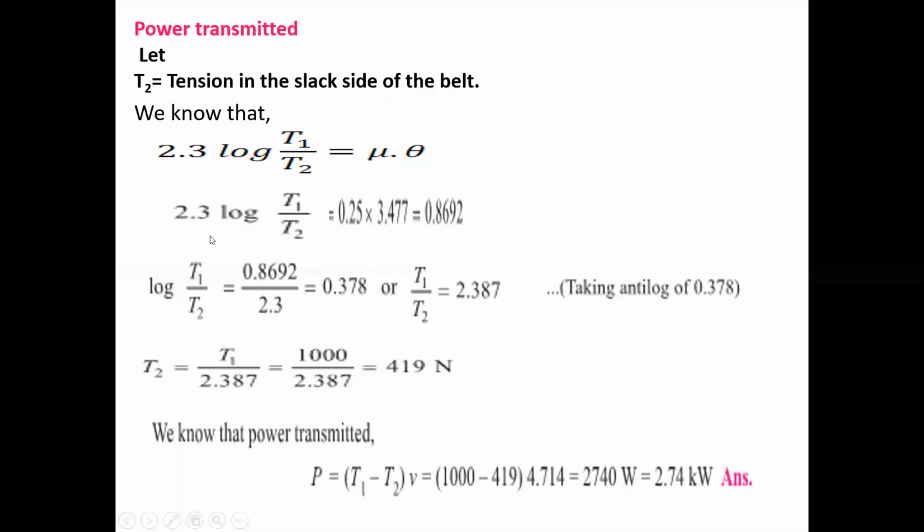Here T1 is already given as 1000, and mu and theta are known. Substituting the values, log of T1 by T2 equals 0.378. Similarly, T1 by T2 equals e power 0.378, which means 2.387.